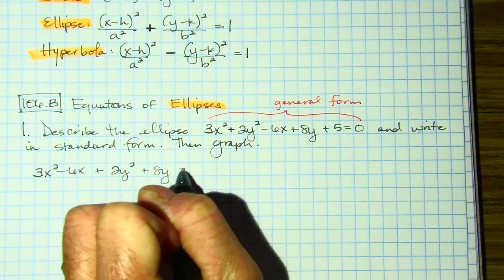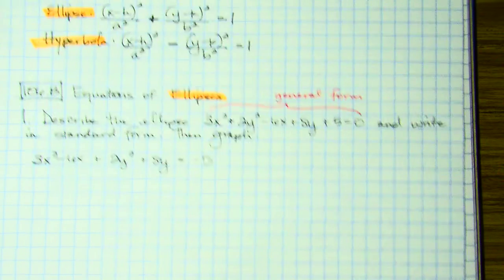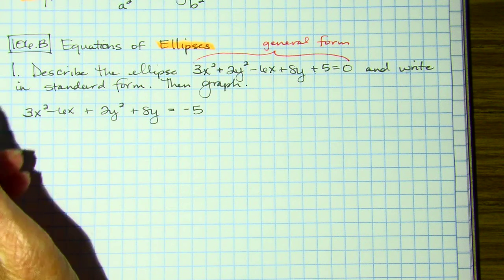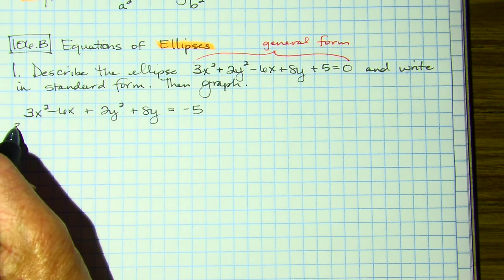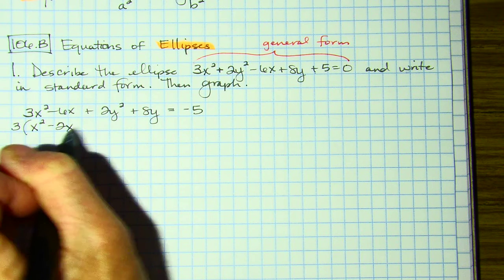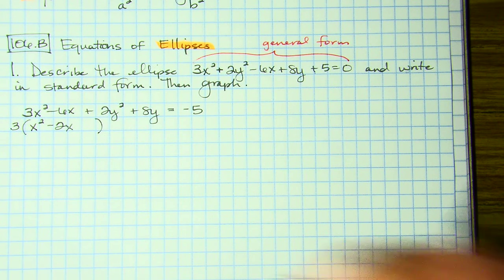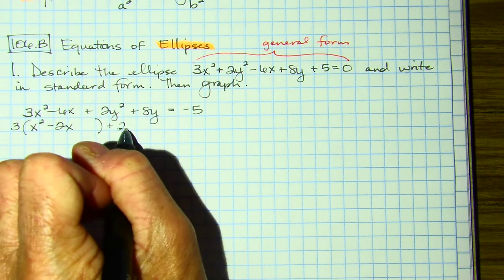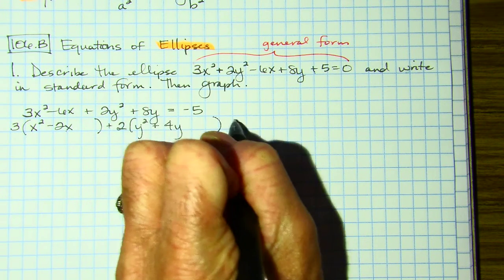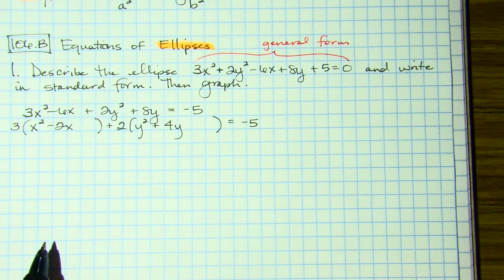And I'm going to subtract the 5 because the 5 doesn't necessarily belong to anybody at this point. Now I'm going to factor out our a term. So that would leave me with 3 times x squared minus 2x, leave a space because we are going to be completing the square, plus 2 times y squared plus 4y, leave a space, equals negative 5.